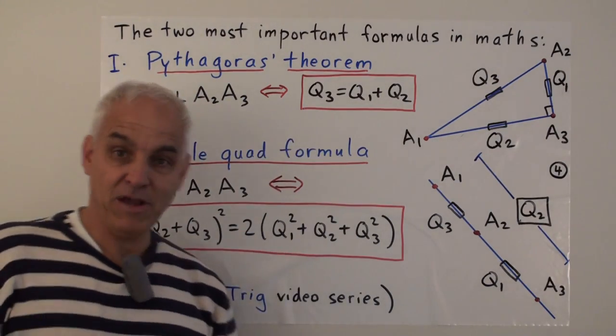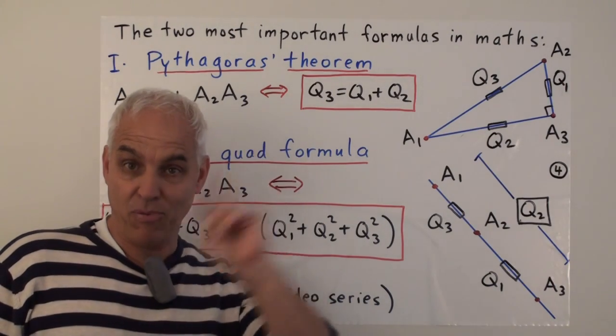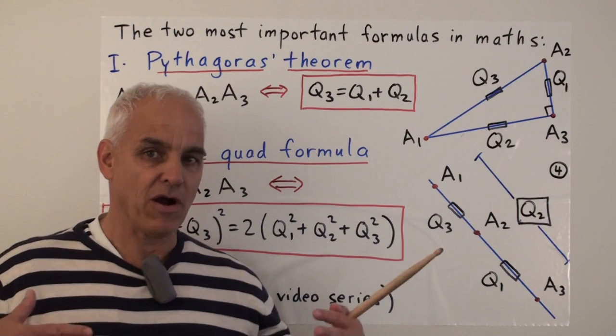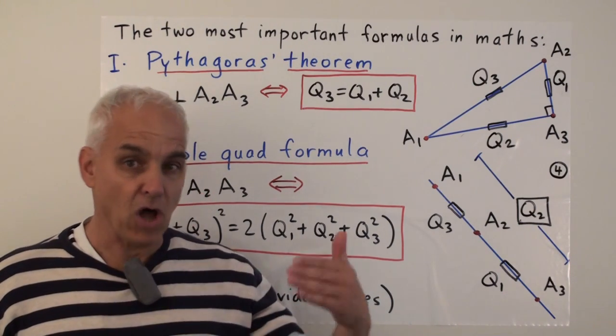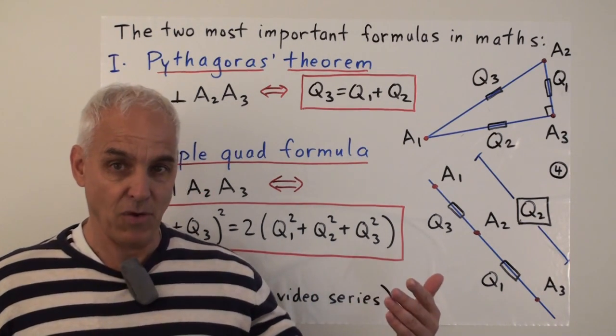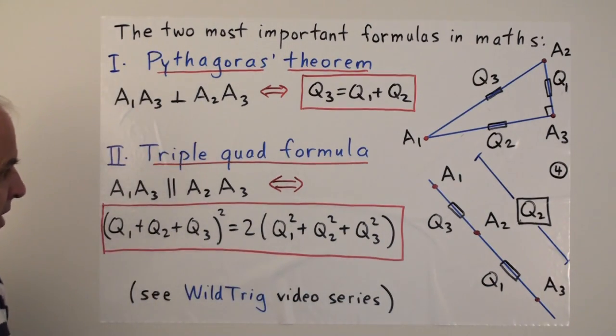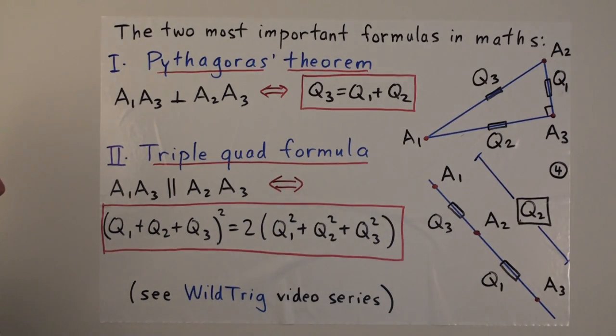Especially since, as a benefit, we can get at the second most important formula in mathematics. And here I mean the ones that are actual formulas, not like laws of arithmetic that everybody kind of knows. Actual formulas that are not entirely obvious. So the triple quad formula, what is it?